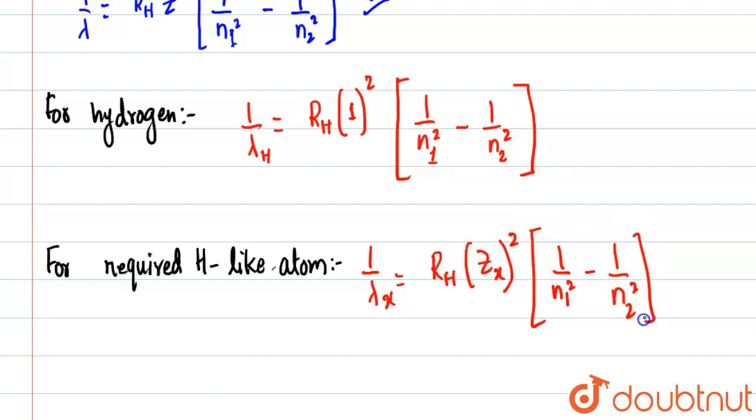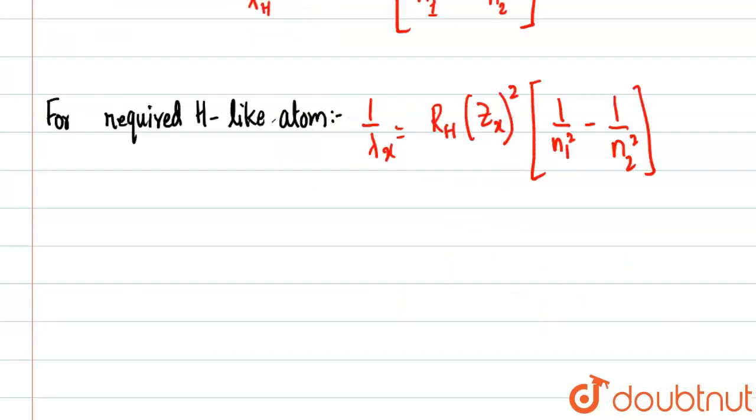Here n1 and n2 are the initial and final orbits in which the electron is there. RH is the Rydberg's constant and lambda is the wavelength. Don't get confused in these things.